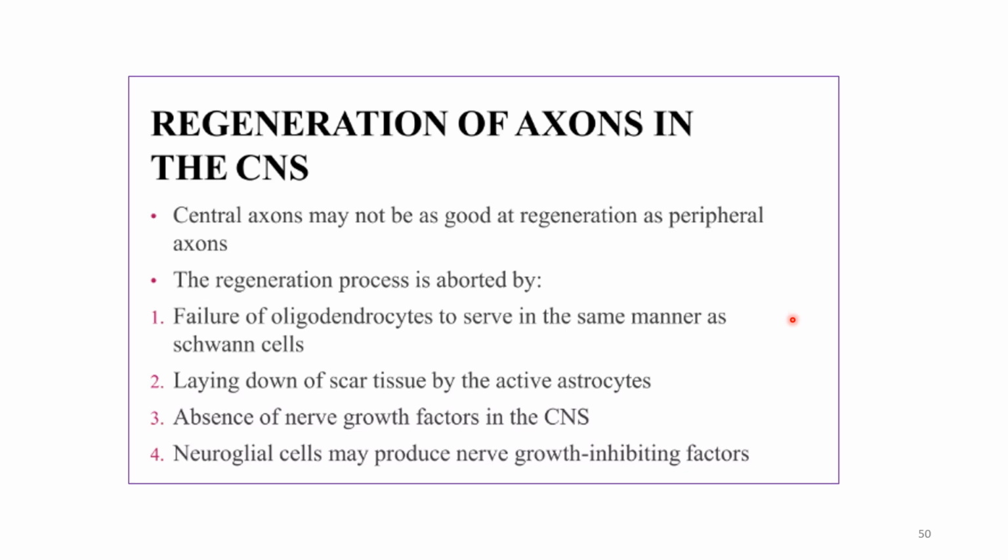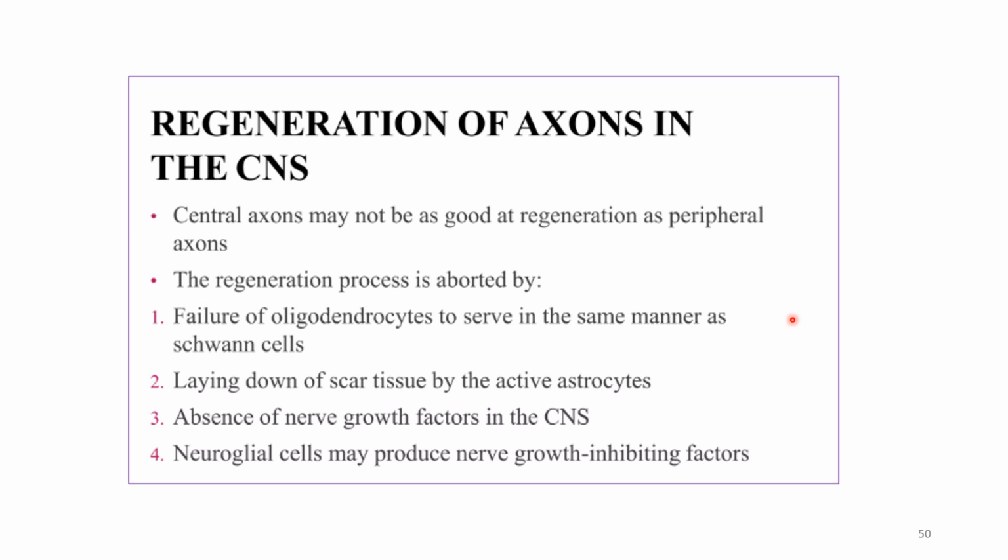So up to now we have discussed the degeneration and regeneration in the central nervous system and peripheral nervous system. The most important one is the Wallerian degeneration. So what are the steps we have discussed?